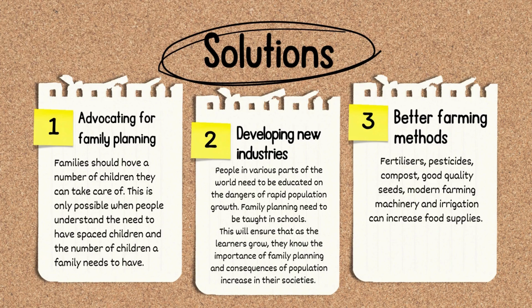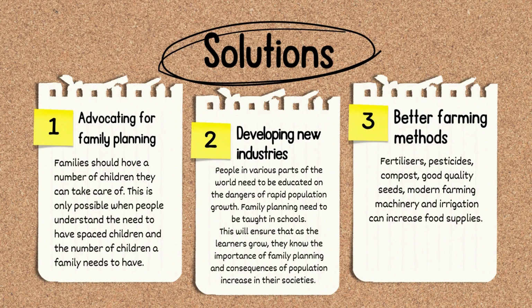Families should have a number of children they can take care of. This is only possible when people understand the need to have spaced children. There's no point in having 10 children that a family cannot manage to take care of.